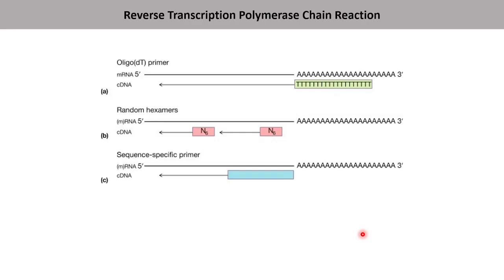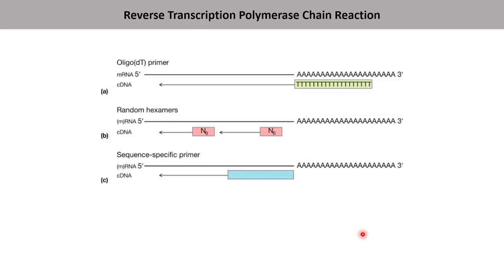Random hexamers are six randomly organized nucleotide sequences which can get bound to any place in the mRNA, and they can start the extension from any place. And oligo-dT primers are just multiple T nucleotides attached to each other.